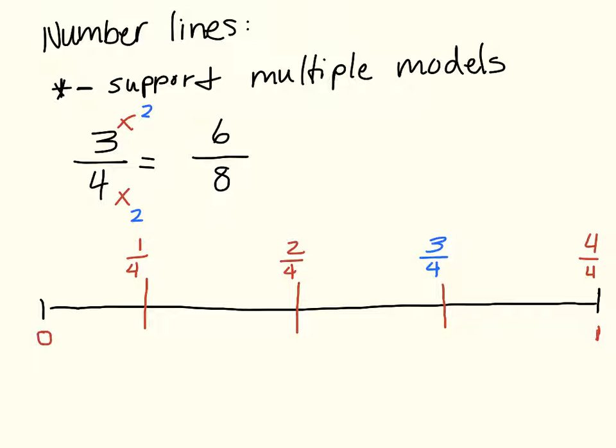But what about eighths? Well, let me look at this. So let me make this 8/8 because 8/8 is also 1. So on the same number line, let me make my eighths too. 1/8, 2/8.